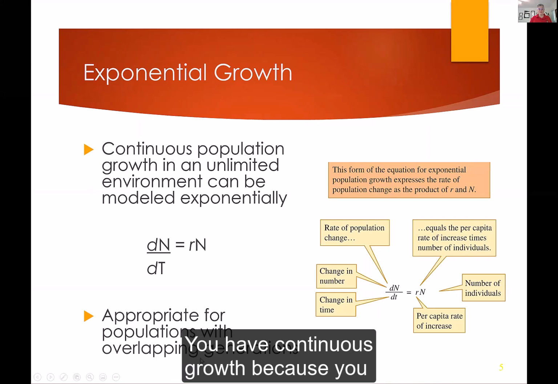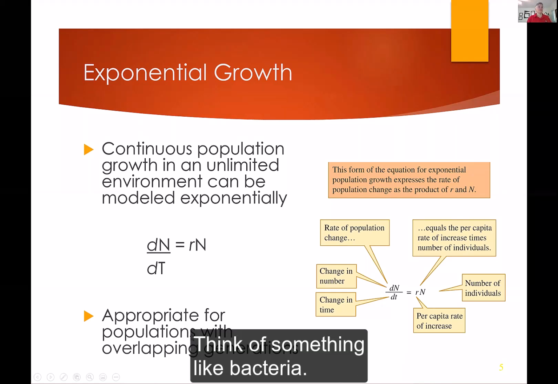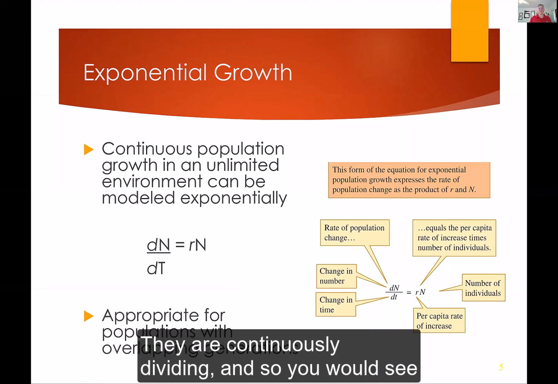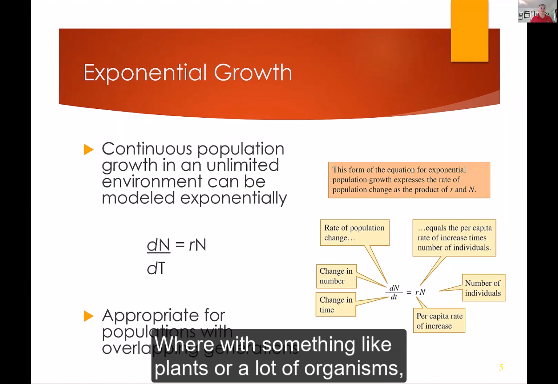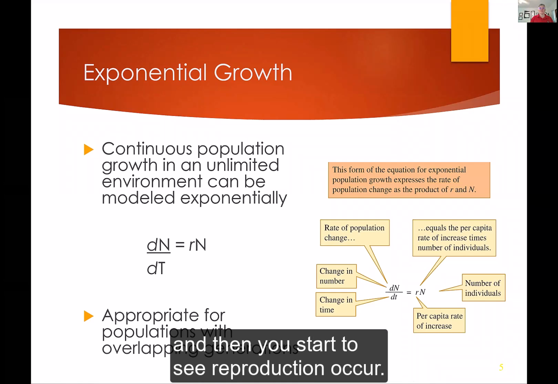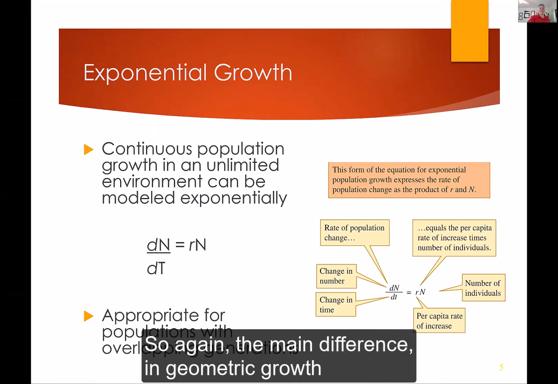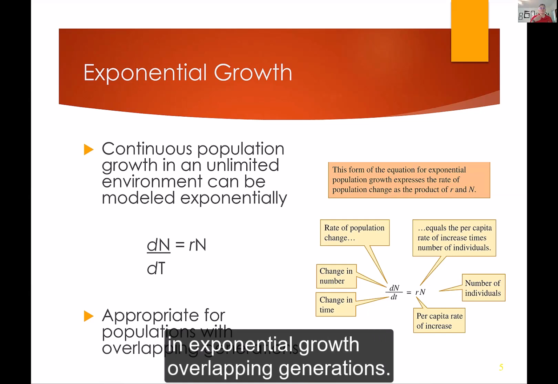You have continuous growth because you have overlapping generations. Think of something like bacteria, right? They are continuously dividing, and so you would see exponential growth that way. With something like plants or a lot of organisms, they have to wait till they're of developmental age, and then you start to see reproduction occur. So again, the main difference: geometric growth has one single generation per year; exponential growth has overlapping generations.